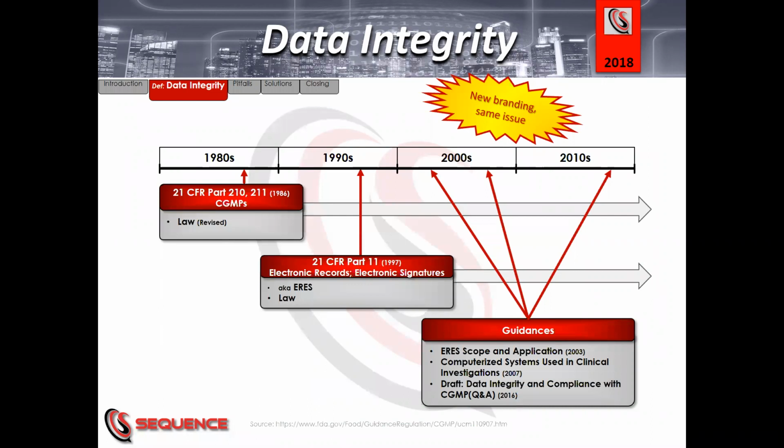If you look at the first two blocks there with the red headings on the left, these are the laws. But then look what happened in the 2000s and 2010s. We have a lot of guidances. Keep in mind that guidances are not laws. They're the FDA's current thinking on a topic. So what we have is the law has been set for data integrity, but due to observations by the FDA and what's been happening in the industry, it's getting a lot more focus.